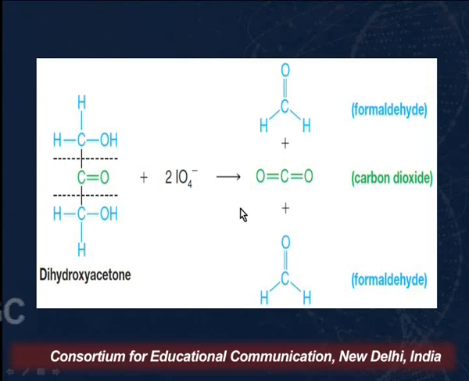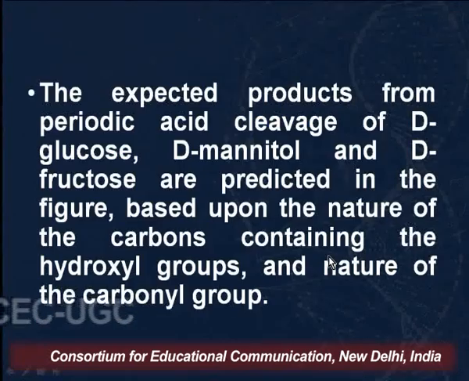So in case, what you have to remember, you just memorize that table. That is very simple. If it's a primary hydroxyl group, it will be converted into formaldehyde. If it is a ketonic group, it will be oxidized into carbon dioxide. And again, if it is a primary hydroxyl group, it will be converted into formaldehyde.